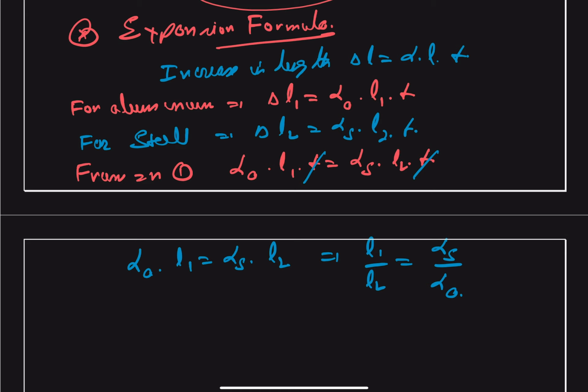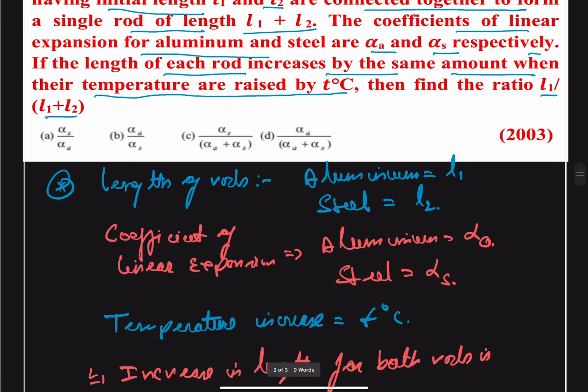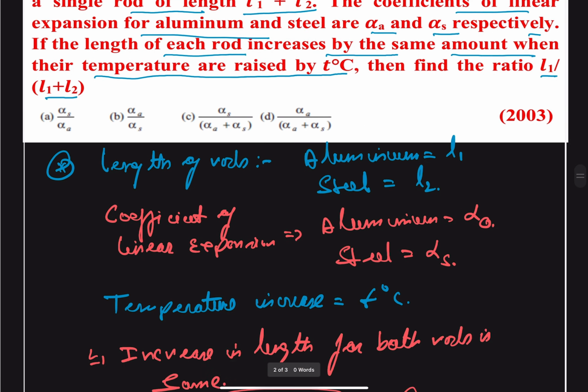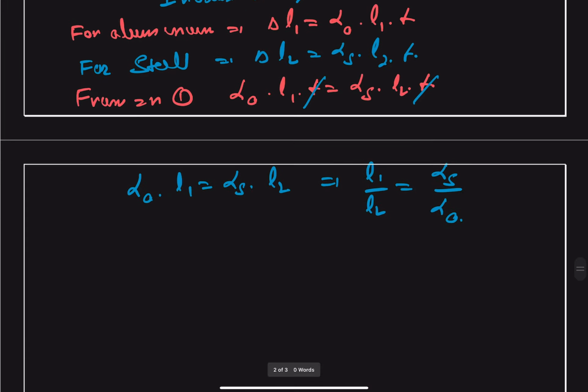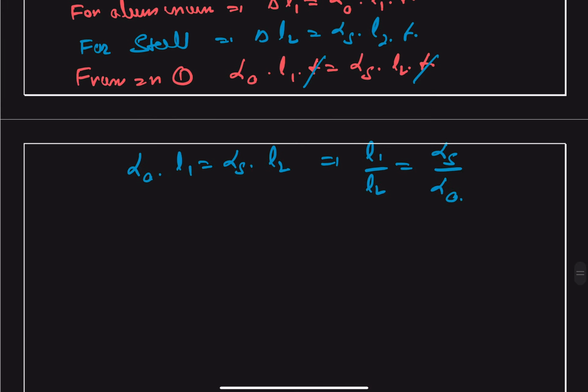And in the given question we are supposed to find L1 upon L1 plus L2. So let us write that. We are required to find L1 upon L1 plus L2, and this can be written as 1 upon 1 plus L2 upon L1.